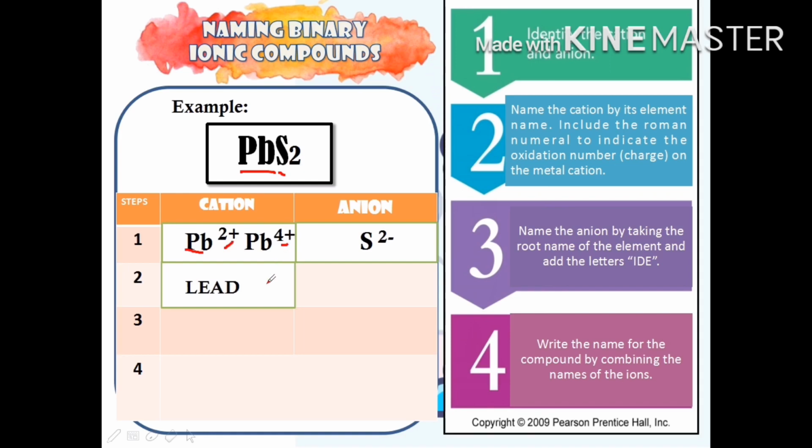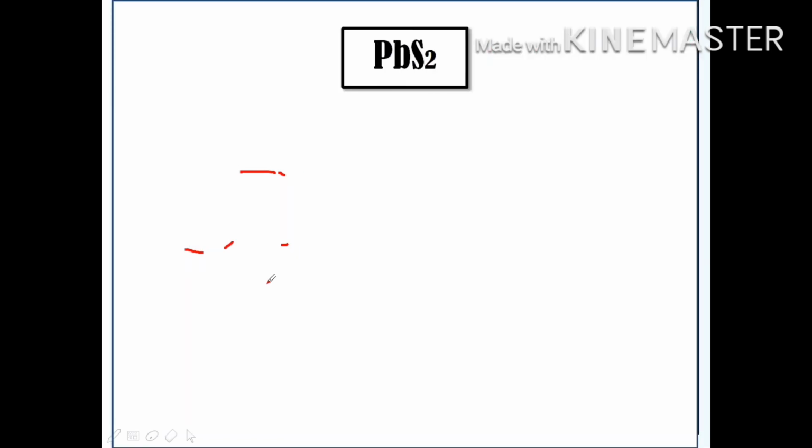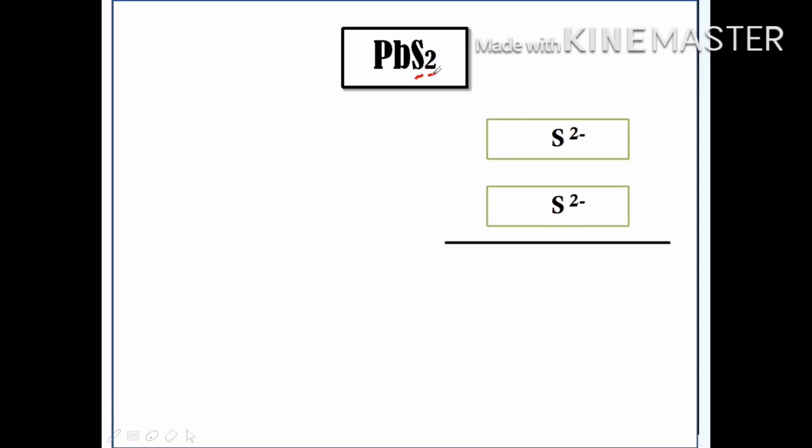To determine the charge of our cation, which is lead, we have to start with the ion with a known or definite charge, and that is S, because S has a fixed charge of 2 minus. And since there is a subscript 2 here, that means there are 2 atoms of S present in this compound. 1, 2, making a total of 4 minus charge.